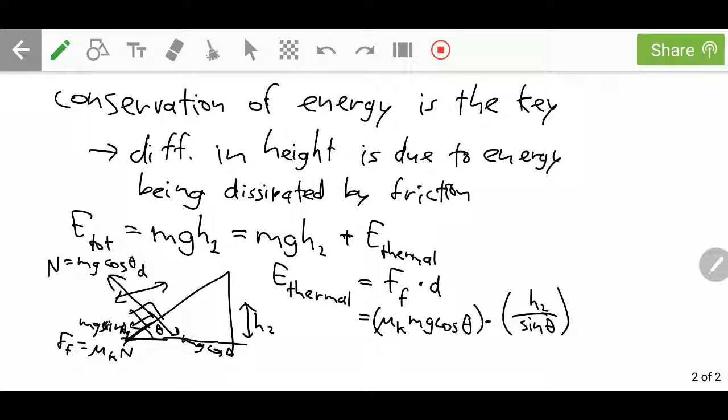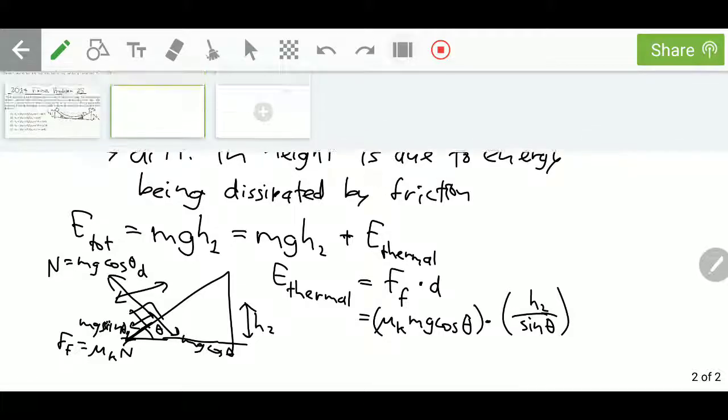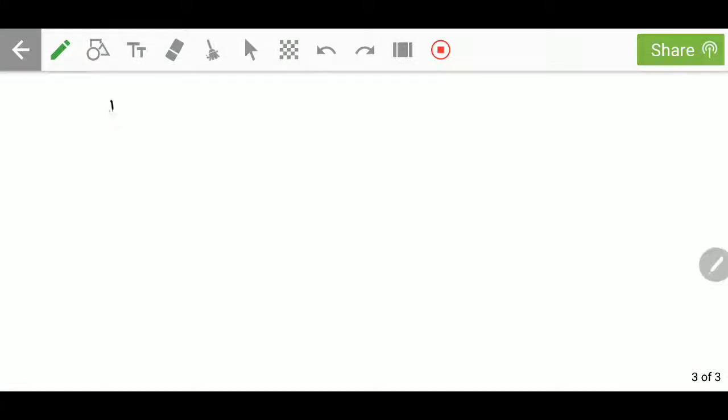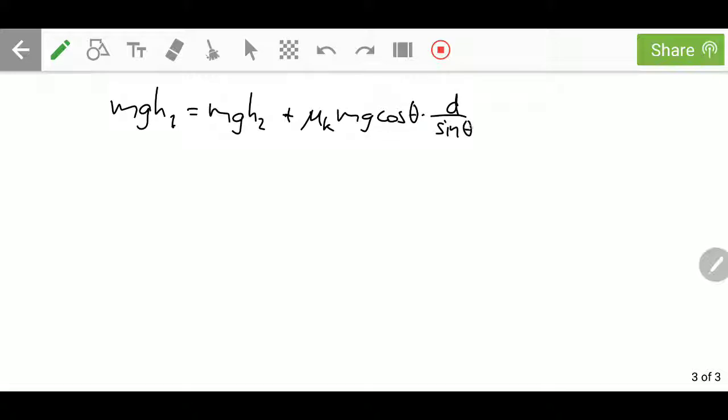Okay, so let us go to a new page. We had mg h1 equals mg h2 plus mu k mg cosine theta times d, that is, times h2 over sine theta.